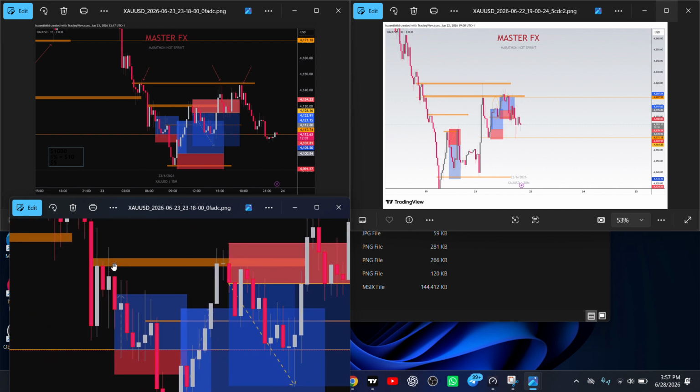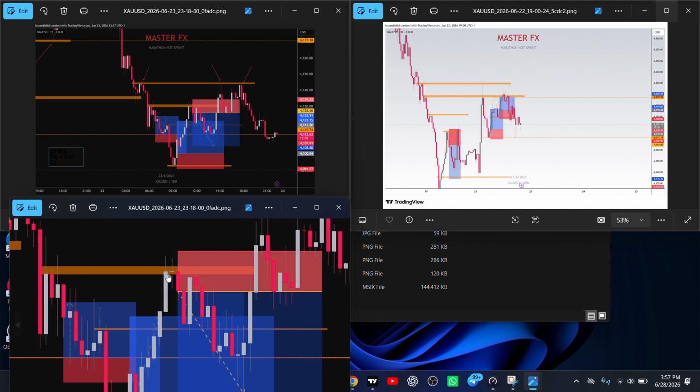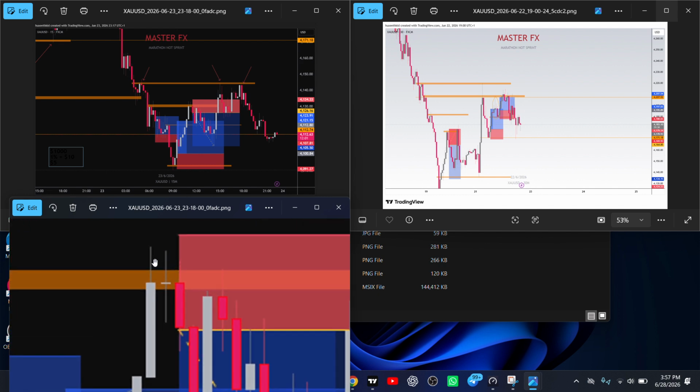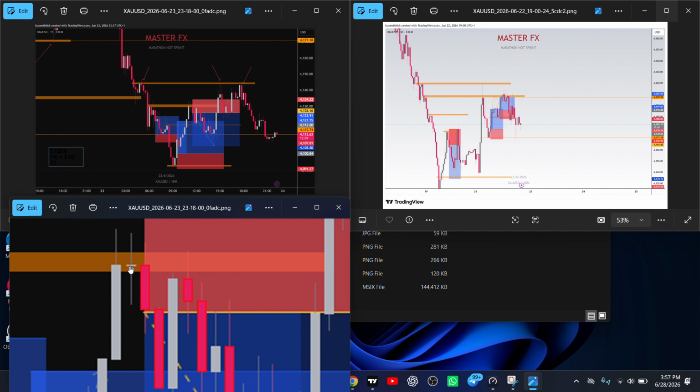Then we have this resistance here, which was respected here. If you look at this, you see that this resistance was respected. We have market showing us this exhausting candle. This candle is called an exhaustion candle, and then we have our resistance formed: bullish candle, bearish candle, bullish candle, exhaustion candle.